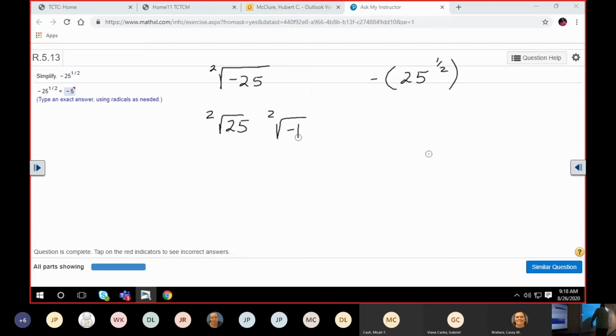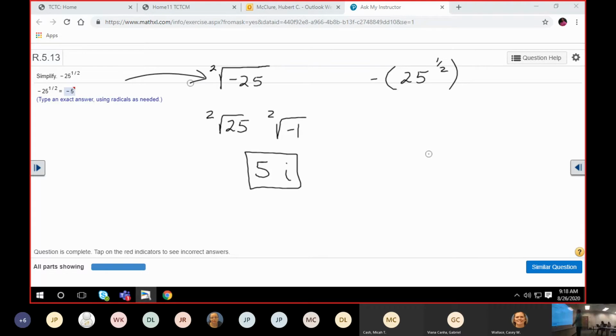The square root of -1 is i. The square root of 25 is 5. That's the answer. Okay, now they say the answer's wrong, and I disagree with this question because the way they have it written, without parentheses around it, leads me to that.